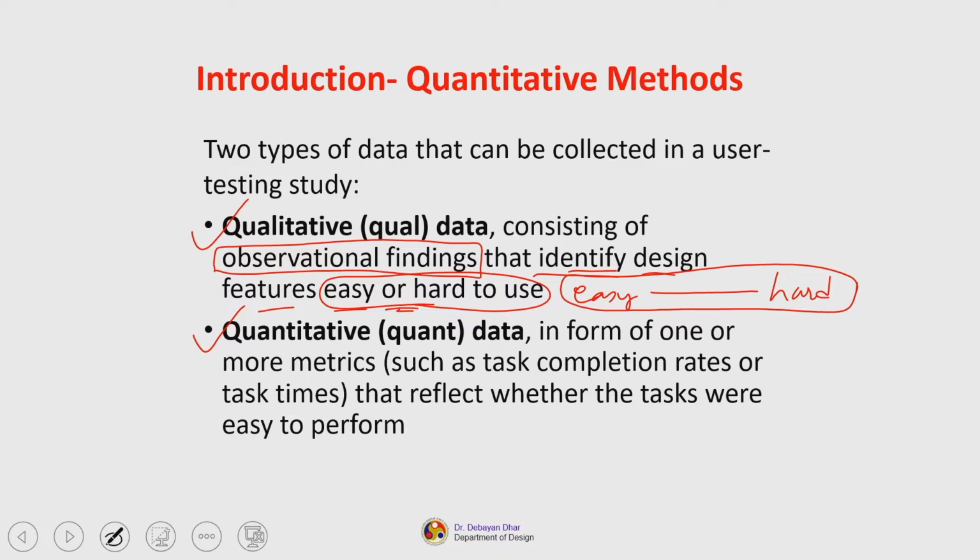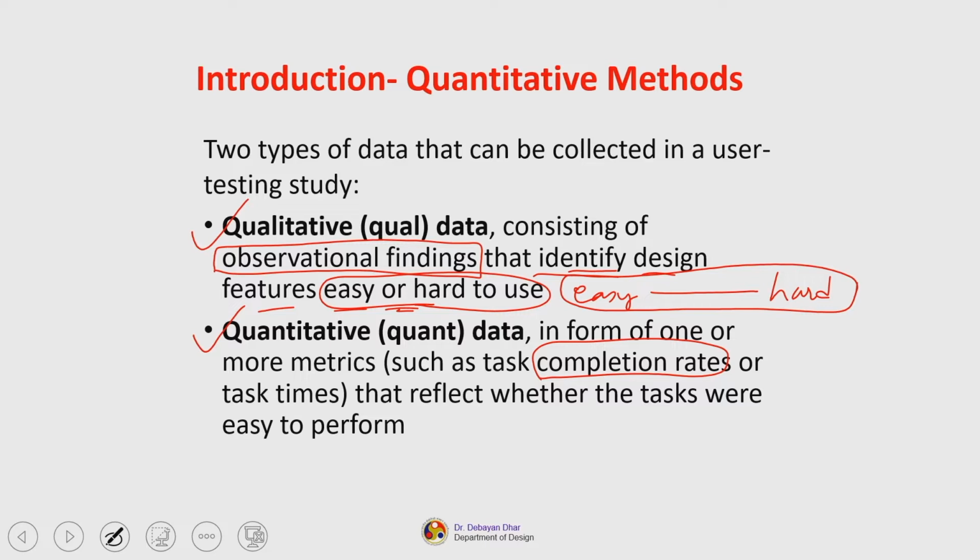In the case of quantitative data, it is in the form of one or more metrics. Some of the metrics we have discussed earlier as well. A few are completion rates, whether your customer or your end user is able to complete a particular task which you have devised as a designer in the product.